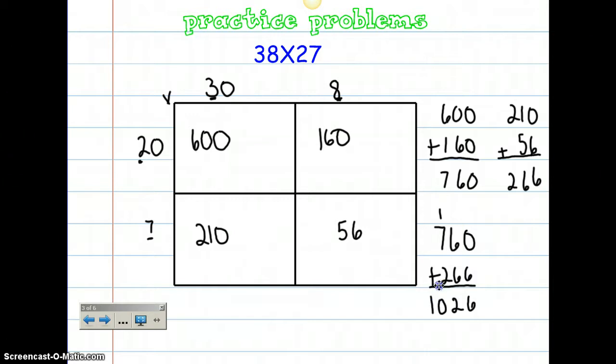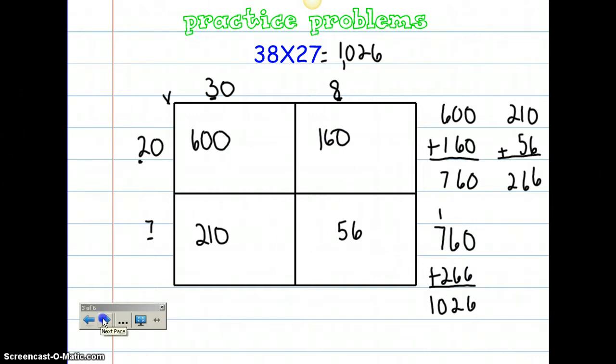So then I'm going to see, now I know what 38 times 27 is. 38 times 27 is 1026. That's my answer. And that's how I learned how to do this, by breaking this number apart. Trust me, we will learn the traditional way, but I want to show you this method as an alternative.